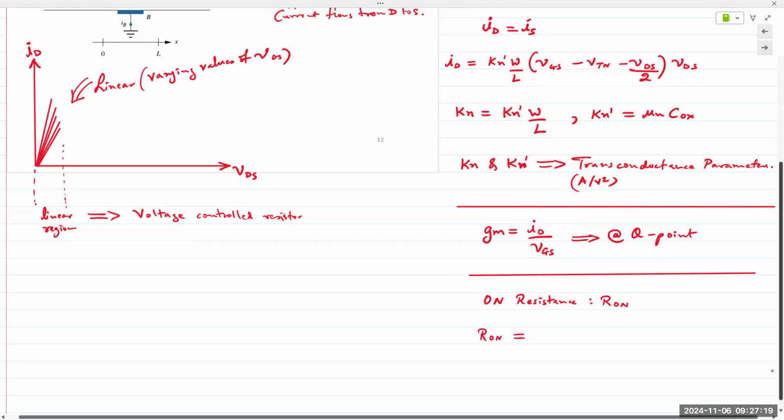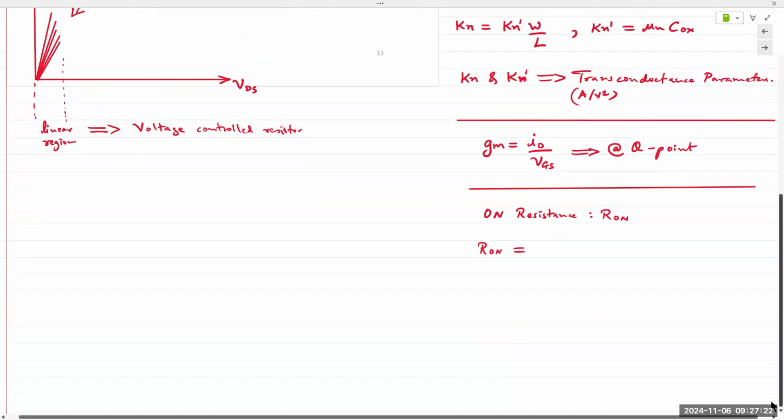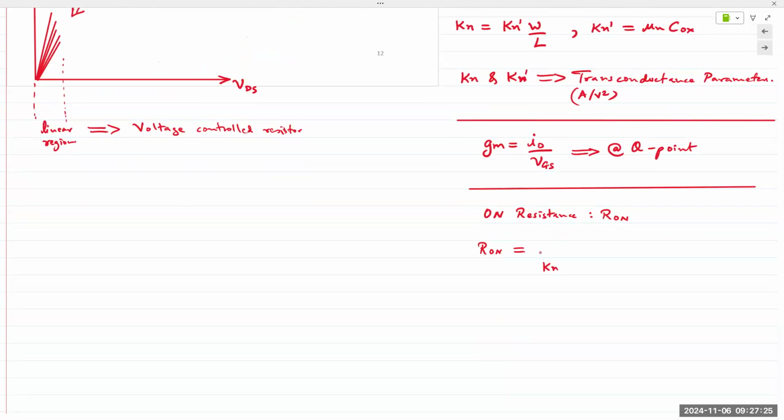And R on is the reciprocal of Kn, VGS minus VTN. Graphically, of course, we can find it from the values for VDS and ID. This applies only in the triode region.